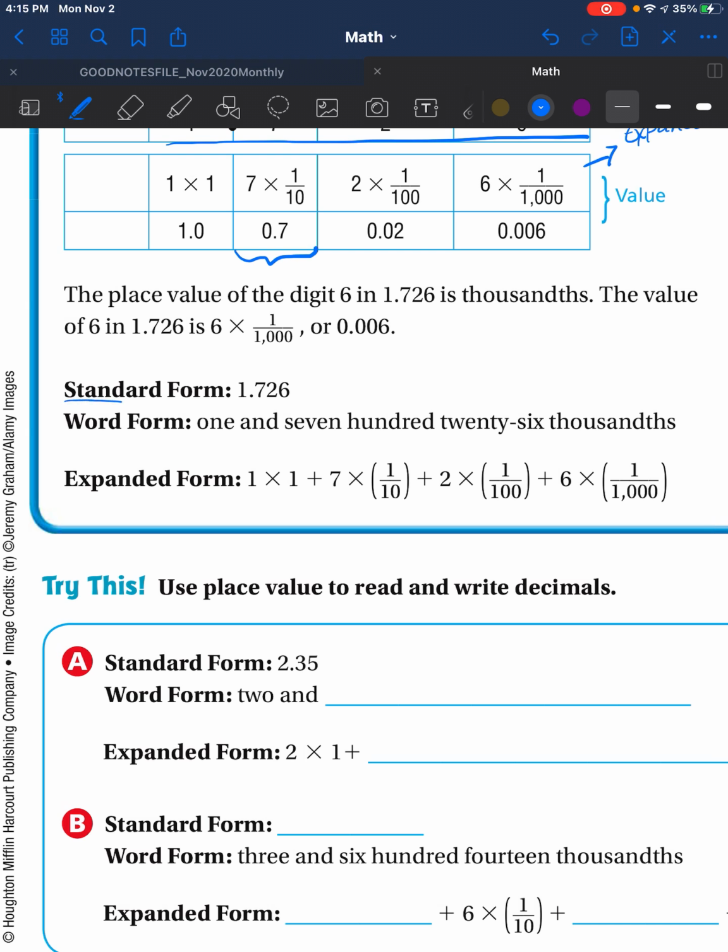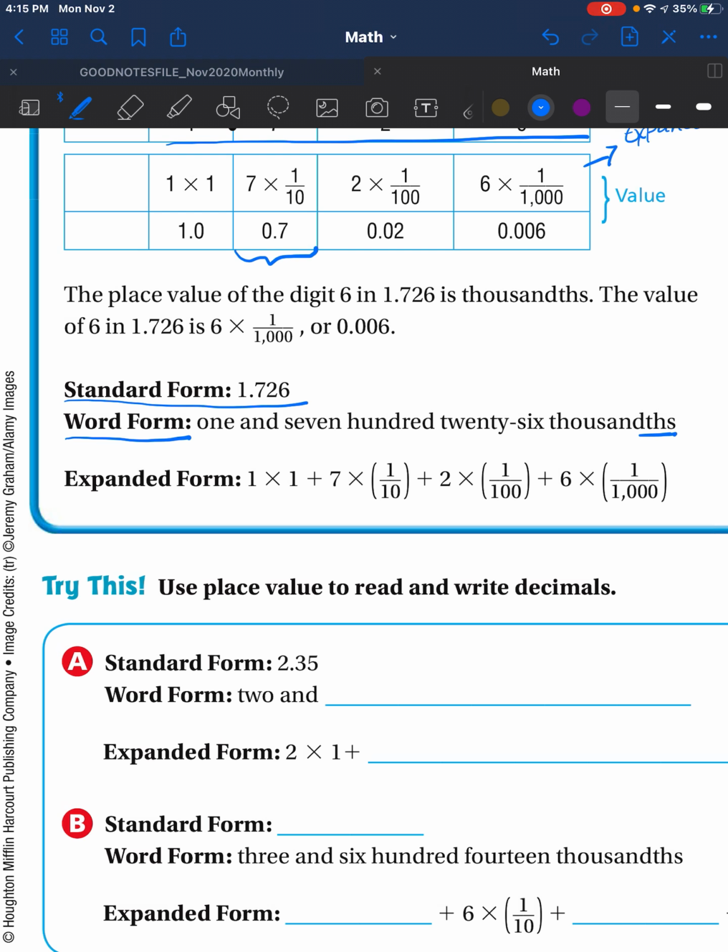So here they just list out standard form. So remember, that's writing the number out in numbers. Word form would be writing it out using letters. And you would say it is 1 and 726 thousandths. And remember, when we're dealing with decimals, you need to have that THS ending.